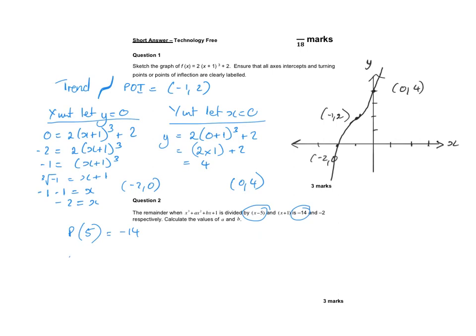And we also know that p(-1), so the other factor there, which was x plus 1, means that x is -1 and the remainder was -2. And of course my polynomial is x cubed plus ax squared plus bx plus 1.